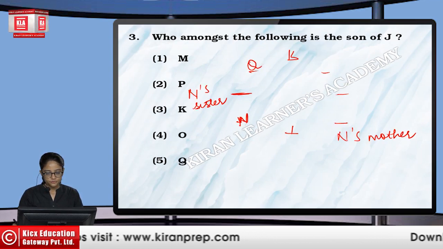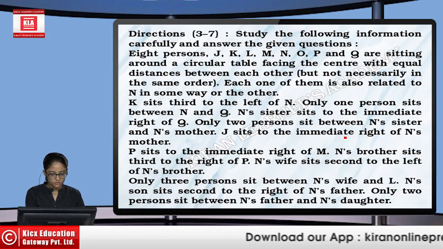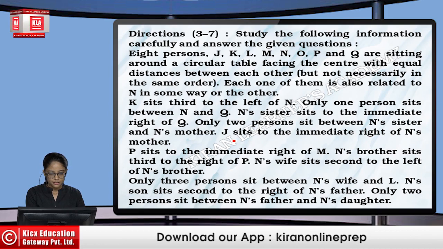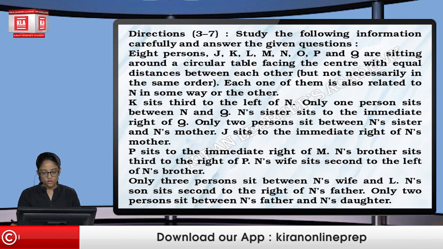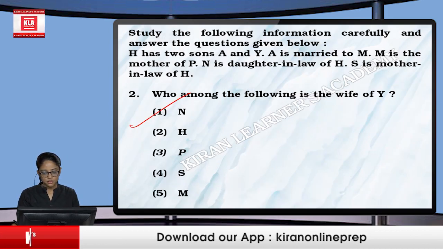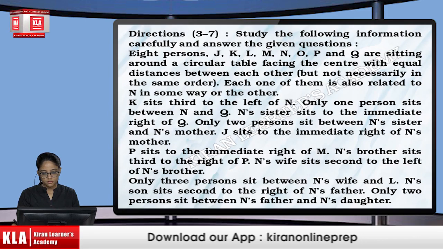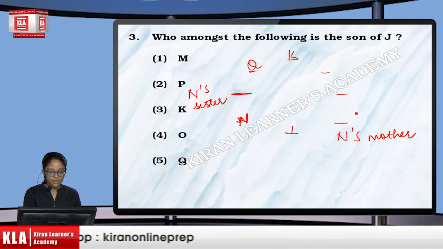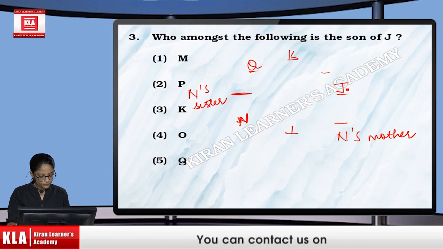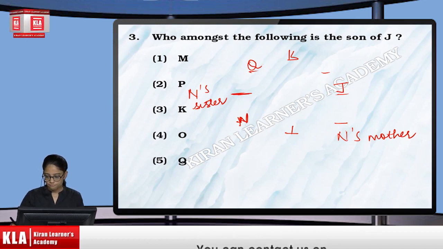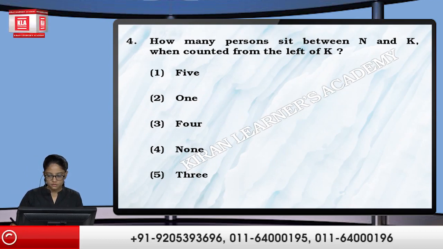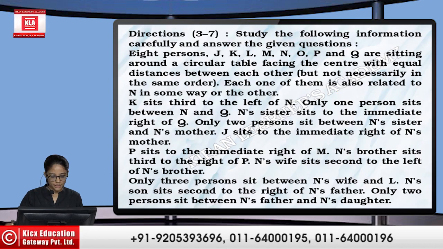Then we have J sits immediate right of N's mother. We have J in right of N's mother. Then what is the next line we have?